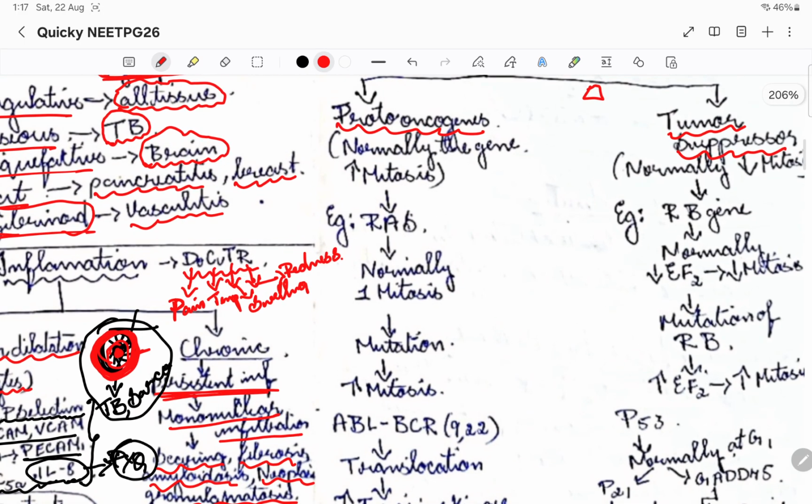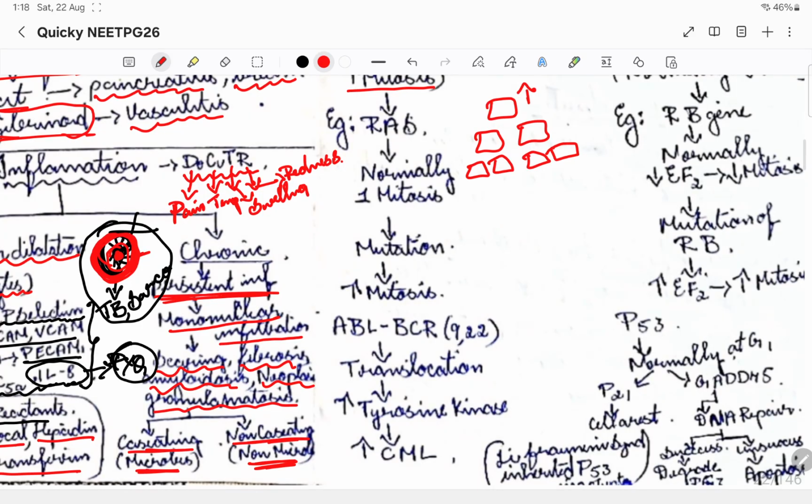So what happens is, in proto-oncogene, normally the gene will increase the mitosis. Okay, so a cell is undergoing one into two cells, then this will divide into four cells, in that way. So these proto-oncogenes are the genes that tell the cell to divide.